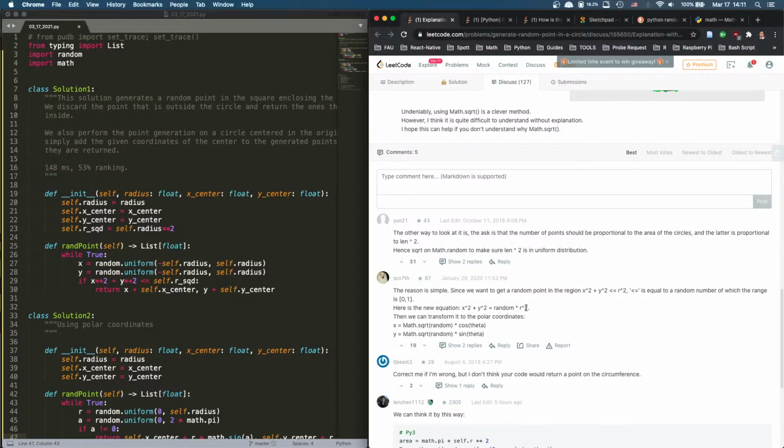Okay. Then we can transform it to the polar coordinates. Oh, that is even better. SQRT random, yeah. This is better. Yeah, I like this one better.